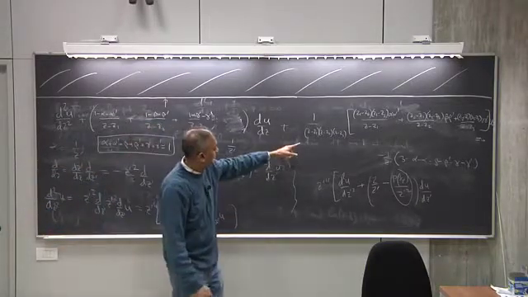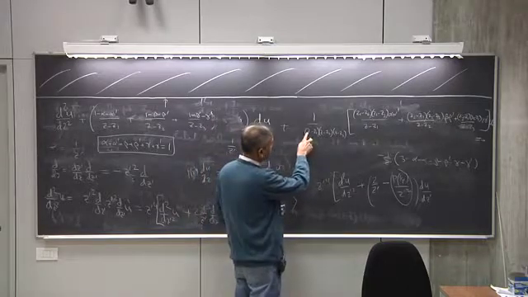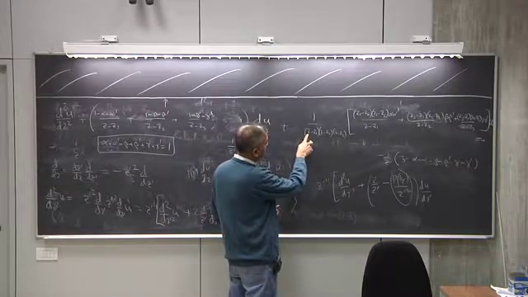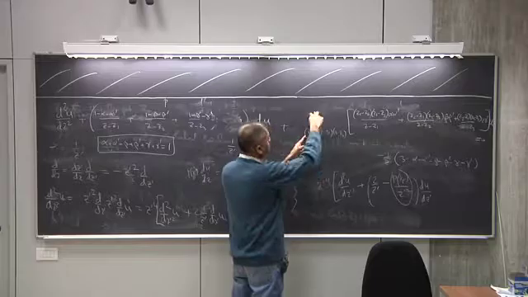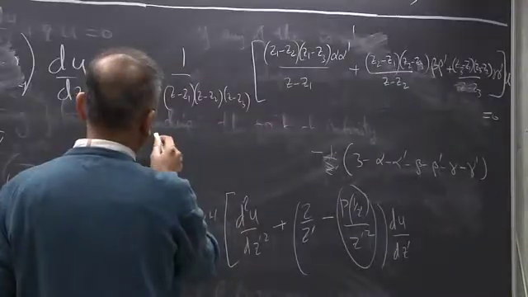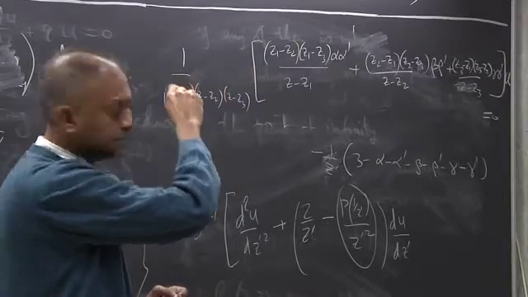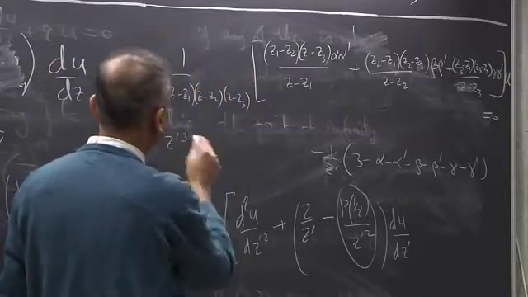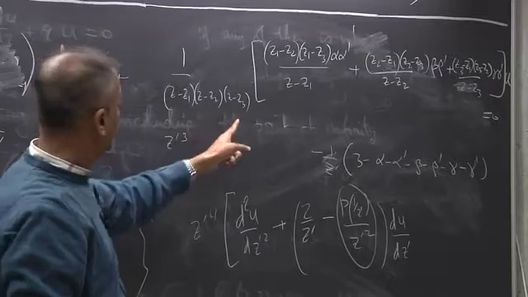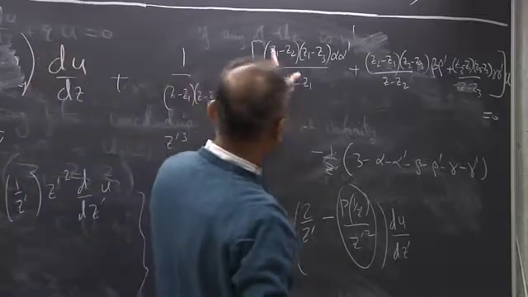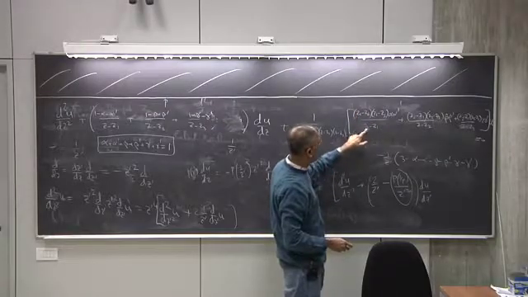So for example, if I replace z by 1 over z prime, then each of these three gives you z prime, z prime, z prime. So you get z prime cube from here, and from here you get z prime to the 4, one more z prime.